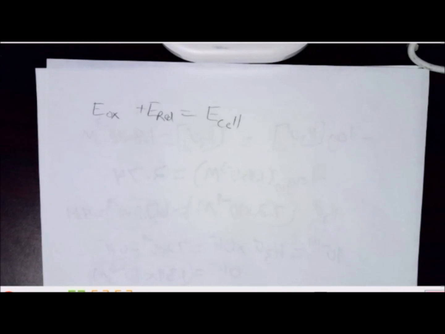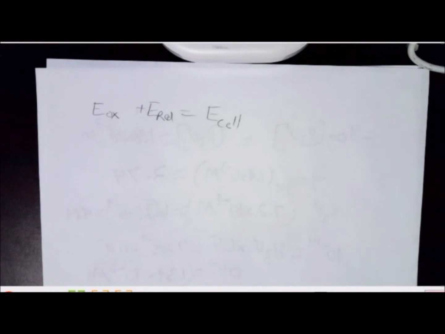Well, to calculate this, we're going to add the relative oxidation potential to the reduction potential to calculate the electronic voltage that would be produced or required. So let's look at a couple examples. Now, the idea here is that the chart gives us only the reduction potentials. So to calculate the oxidation potentials, we have to flip the sign.